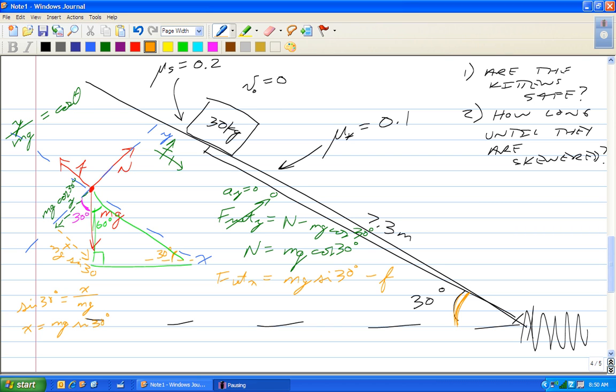Equal to mg sine theta. If acceleration in the x direction is 0, then friction is equal to mg sine theta.